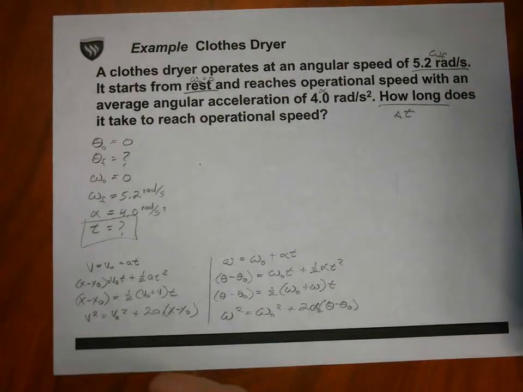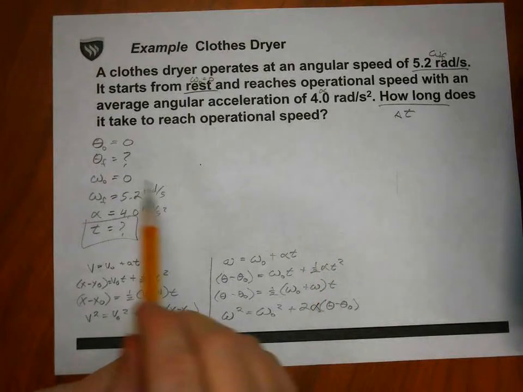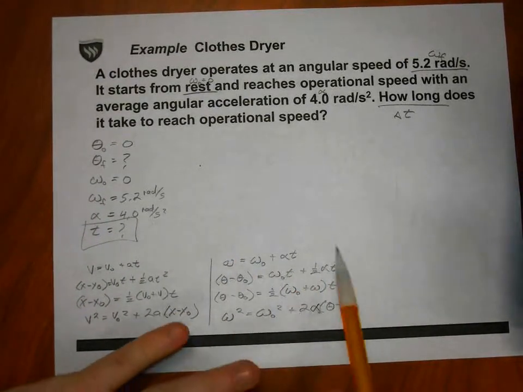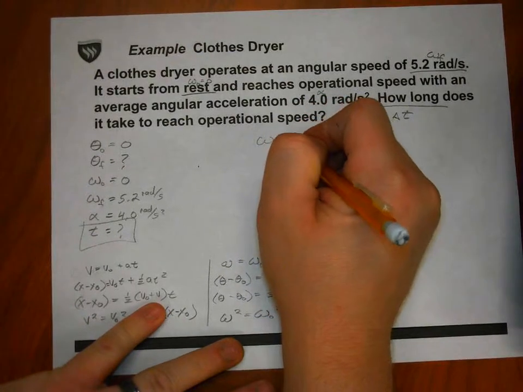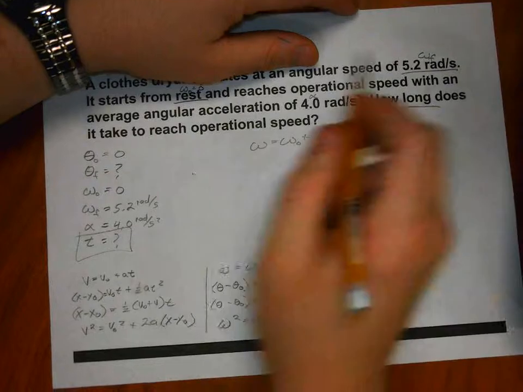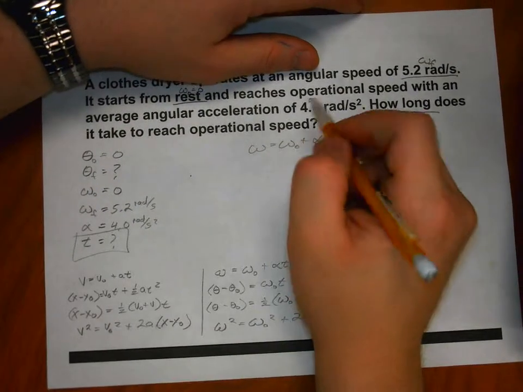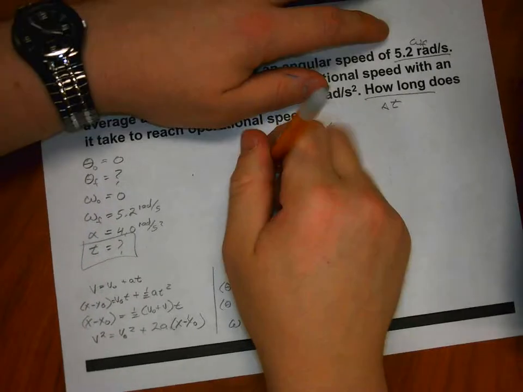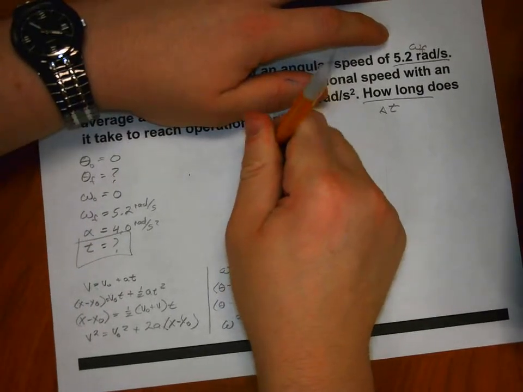So looking at these equations, we have acceleration, we need time. This first one's going to be simplest. The initial angular velocity is 0, so let me show more steps.